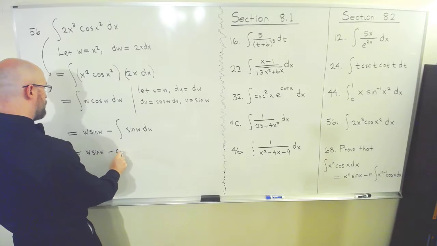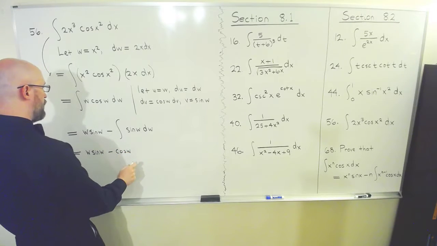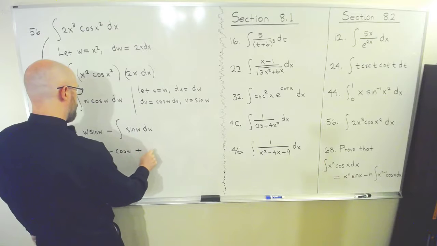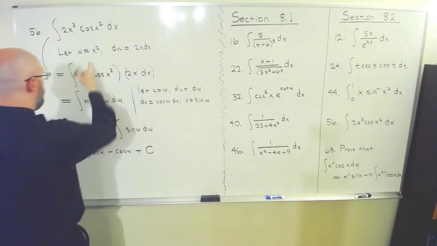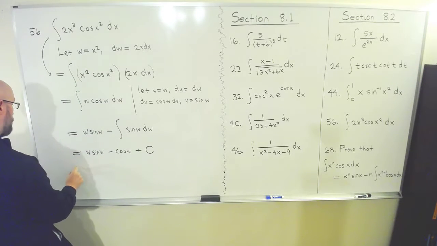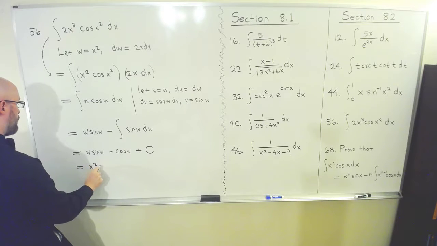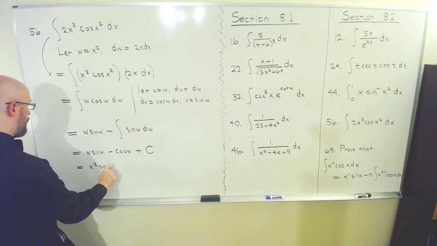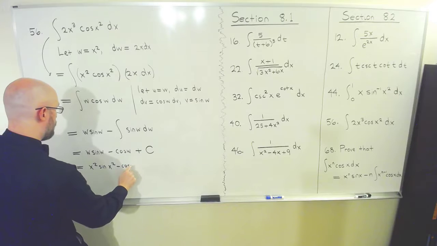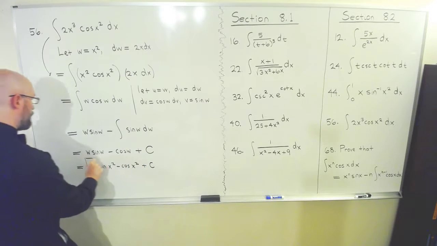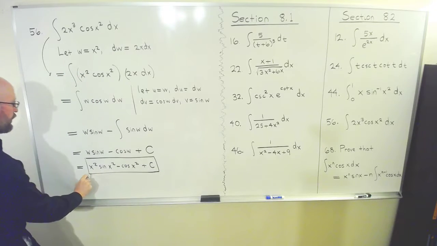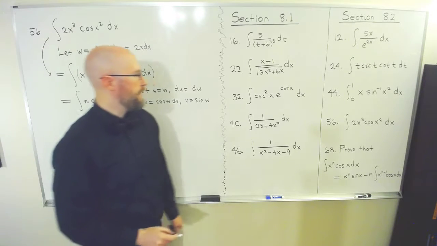So I have to get minus cosine w plus c. And now I can substitute in what the w is. So this is x squared sine x squared minus cosine x squared plus c. And that's not so bad. That's much more convenient than what the last one was.